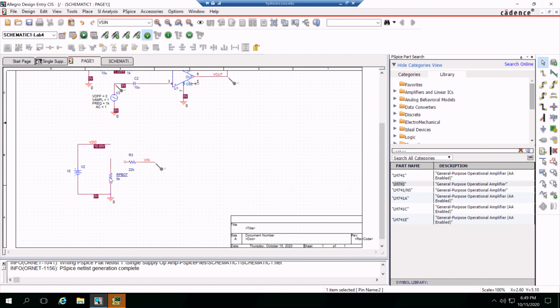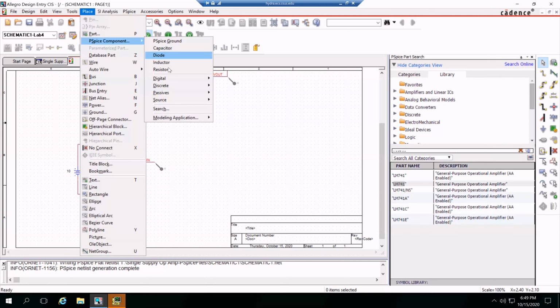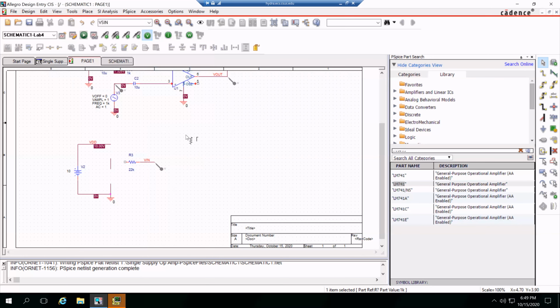Trying to troubleshoot this on the fly with you real quick. Kind of get a feel for what's going on. Let's go to PSpice component, resistor. Sometimes they can get a little funky on the name.